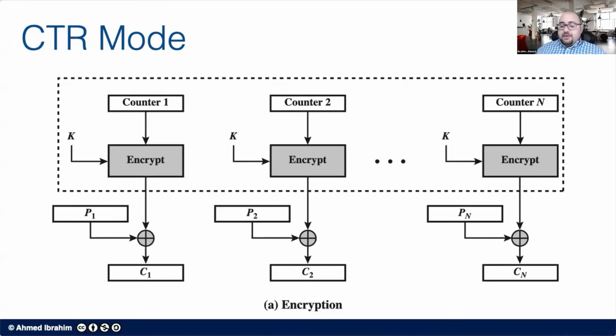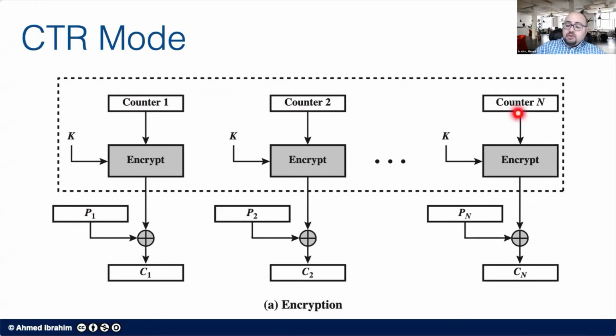To overcome this, we get to the point where instead of chaining, we have some salt. It's not called salt, it's really a counter. And we encrypt the counter instead of encrypting the plain text.